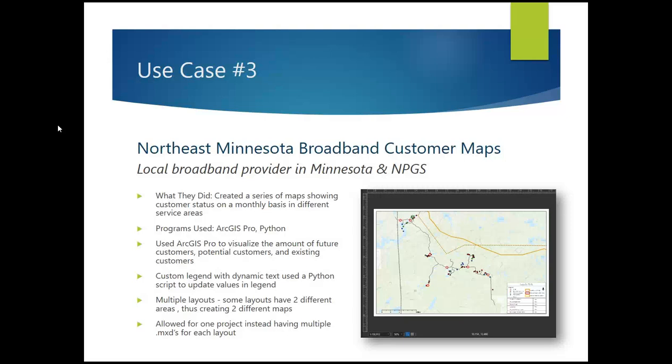We used ArcGIS Pro to visualize the amount of future customers, potential customers, and existing customers so that this local broadband provider could see where their customers currently are and where their customers could be. We also had a custom legend with some dynamic text and used a Python script to update the different values in the legend, which was really helpful and easy to make in ArcGIS Pro.